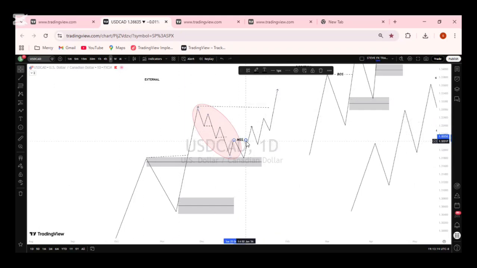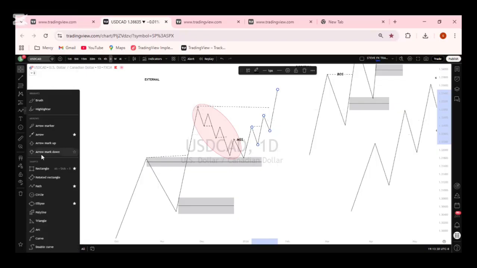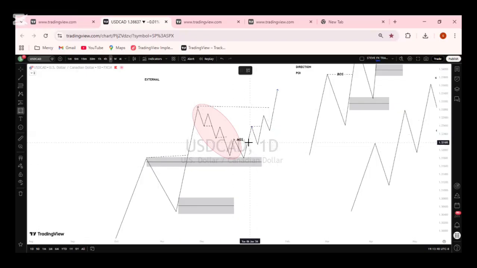So as soon as we have our market structure shift, and then we see a further confirmation, a further break of external structures like this, that gives us more confirmation that the market is now moving or following our higher time frame direction.